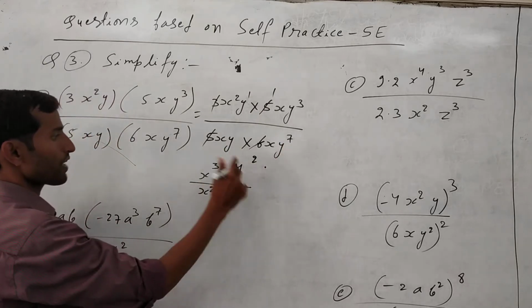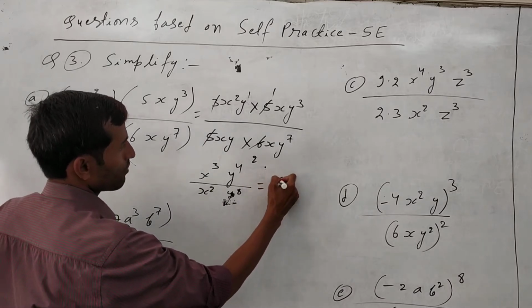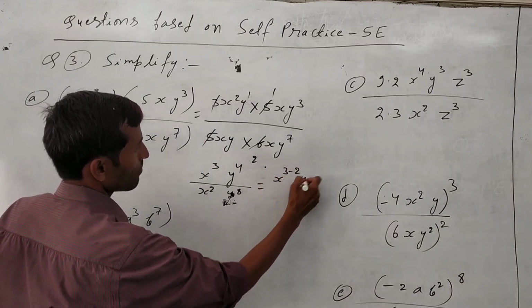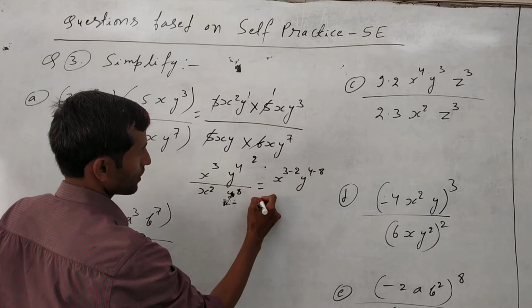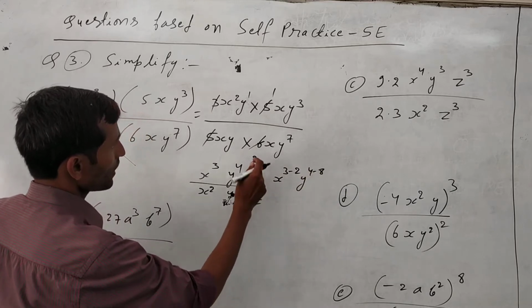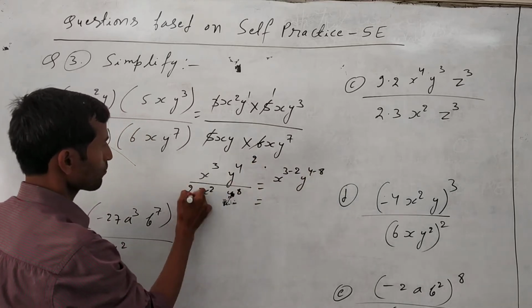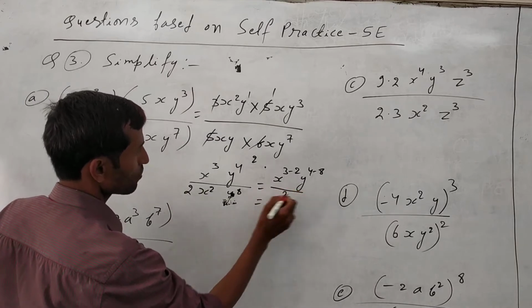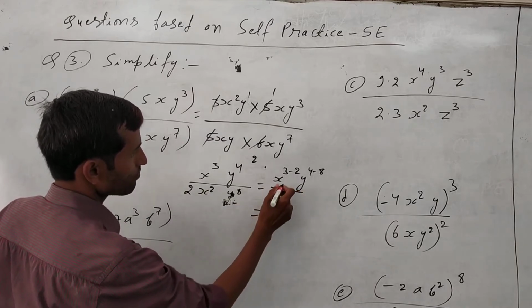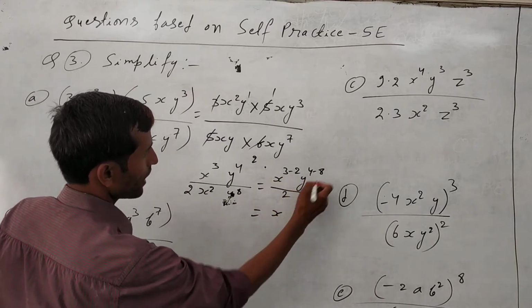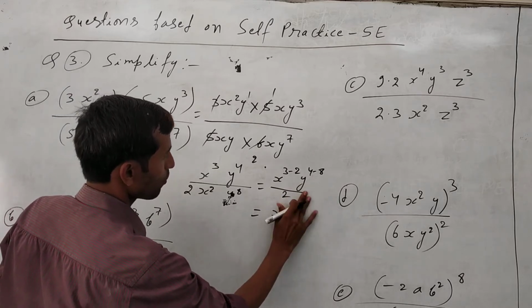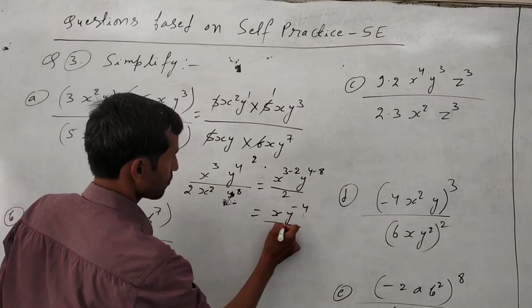After that we subtract, so x^(3-2) and y^(4-8), and the 2 is written as it is. The final answer is x^1 and y^-4 upon 2.